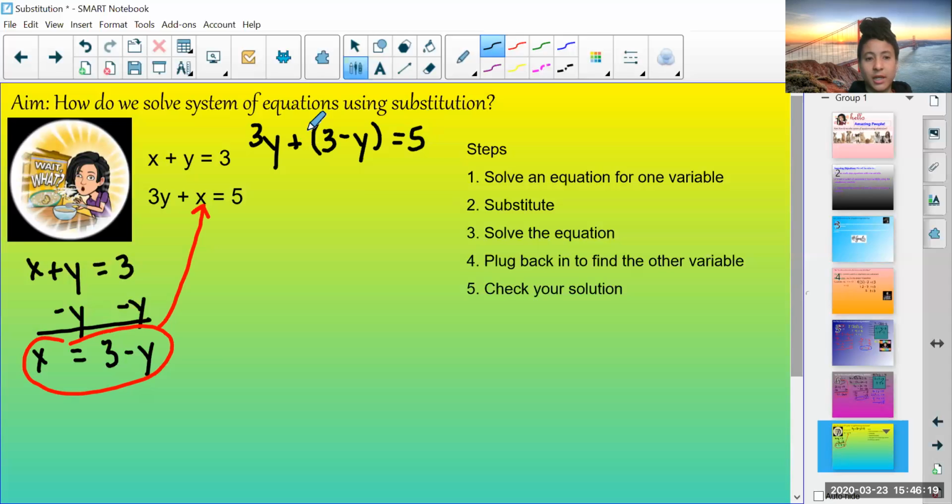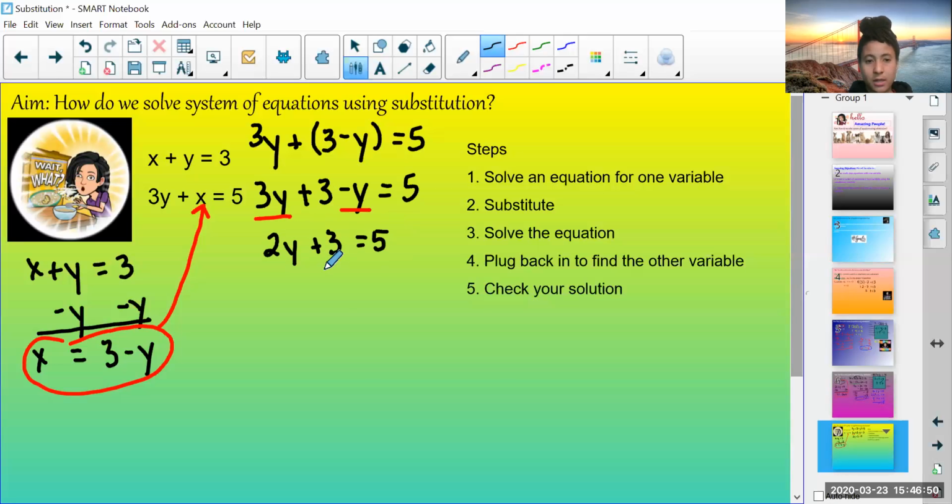My coefficient here is a 1, so now I could take it out the parentheses. So I have 3y plus 3 minus y equal to 5. I have like terms again here on the same side of the equation, which is 3y and a negative y. When I combine those, we get 2y plus 3 equal to 5.